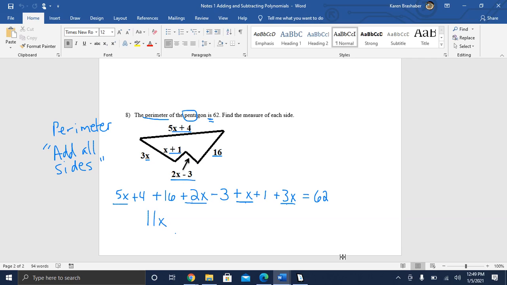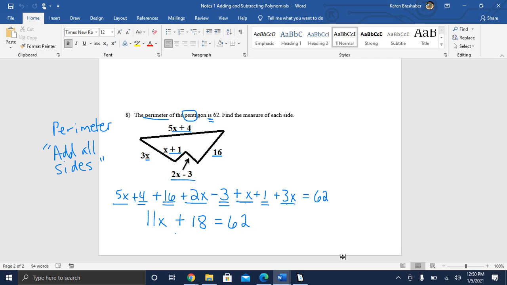So 11x. And then we have our constants. So we have 4 and 16. That makes 20. Minus 3. That makes 17. Plus 1. That makes 18. So we have 11x plus 18 equals 62.